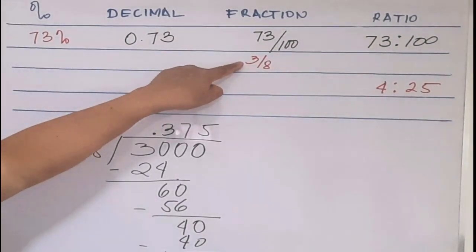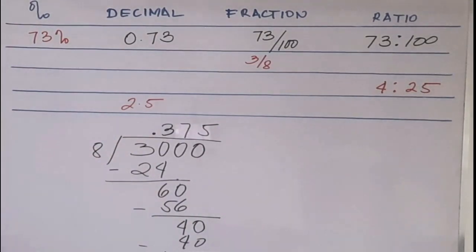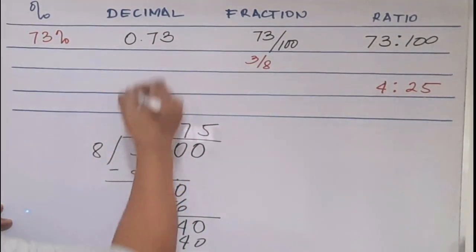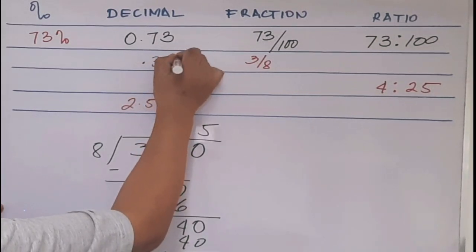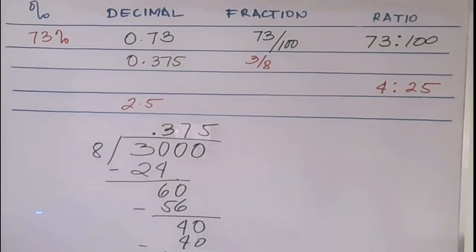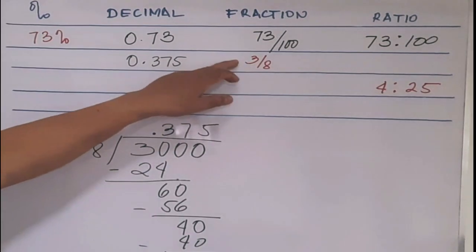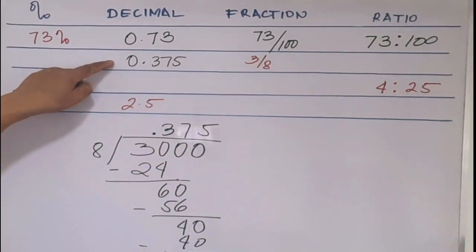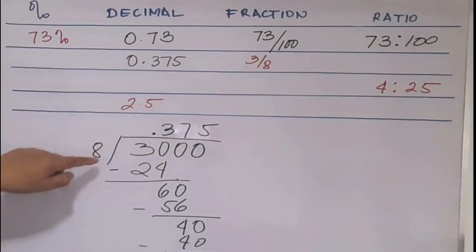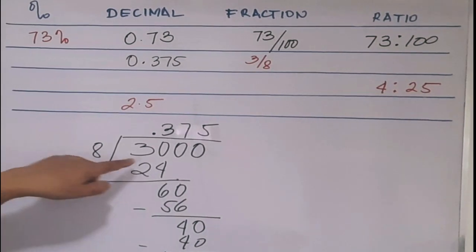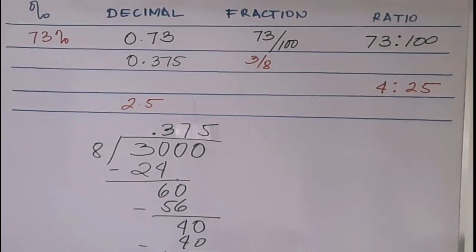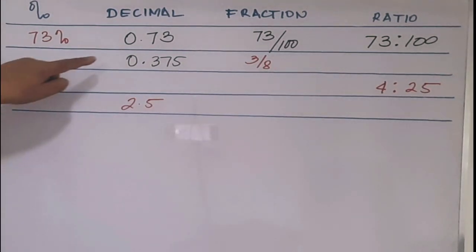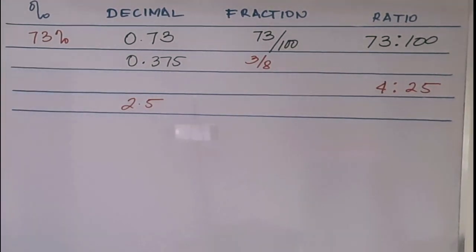Therefore, 3 over 8 converted into a decimal using long division is equal to 0.375. Now, we convert the decimal into percentage.